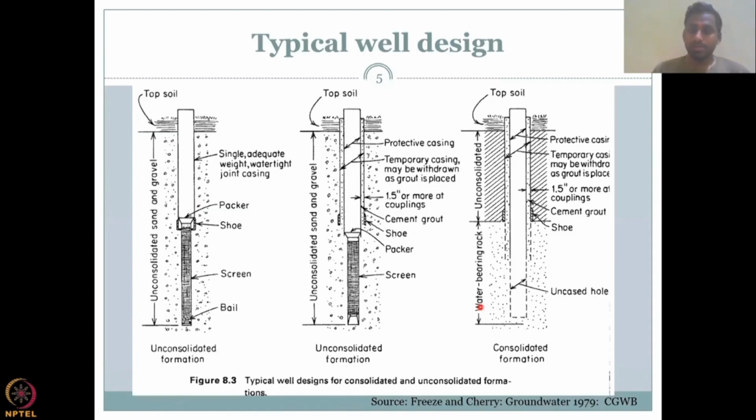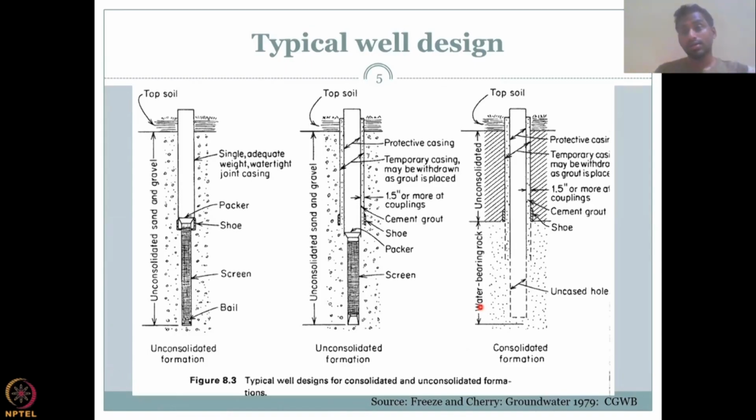So the typical well design is given here for the unconsolidated loose formation and then a consolidated formation. So what is this unconsolidated formation? We looked at this in the previous lectures.